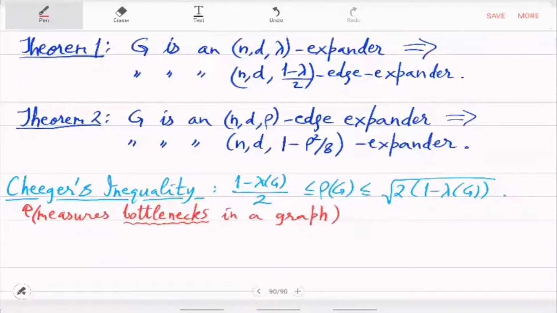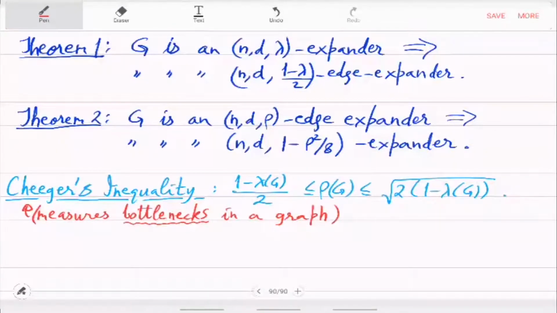So there is this gap that you get for edge expansion. In the best possible case lambda will be 0, I mean ideally it could be 0, then this is telling you that rho is between half and square root 2. Okay, that's a wide range.